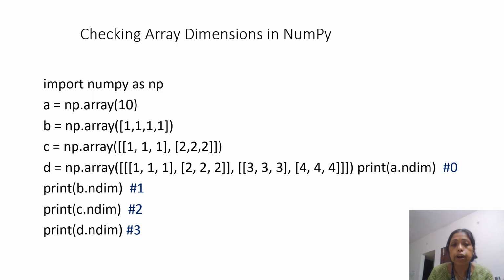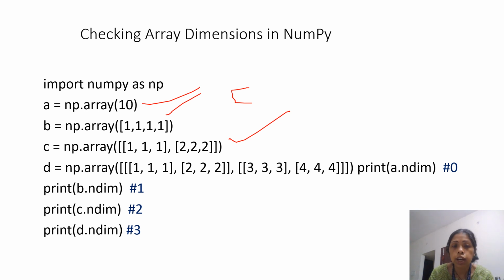Right, so now how to create arrays of different dimensions. If you write np dot array within brackets 10, only a single element will be created. If you write np dot array 1, 1, 1, 1, that means a single row with 4 columns. Here the first is zero dimensional, this is one dimensional. Now if we want to create a two dimensional array, with two rows and three columns, you separate the rows with a comma.